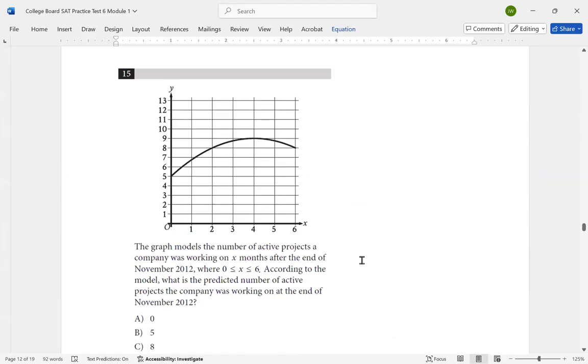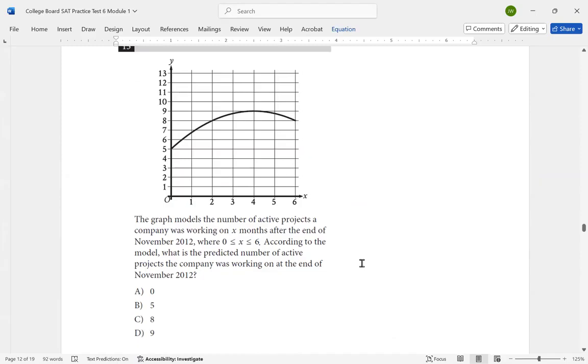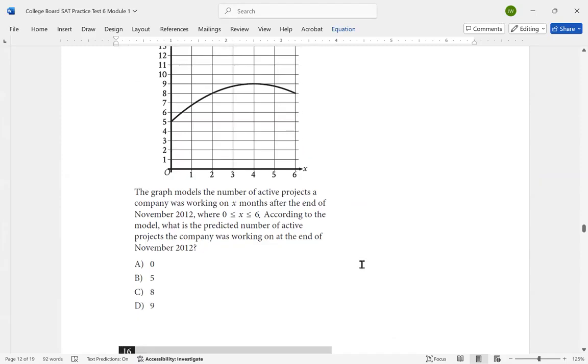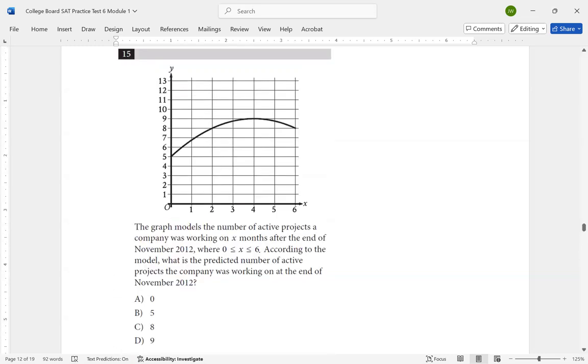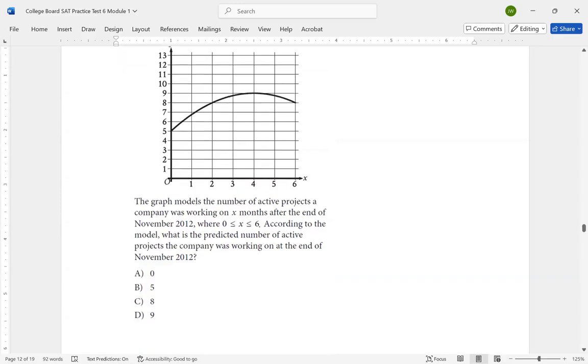Question 15. The graph models the number of active projects a company was working on X months after the end of November 2012, where X is between 0 and 6. According to the model, what is the predicted number of active projects the company was working on at the end of 2012?